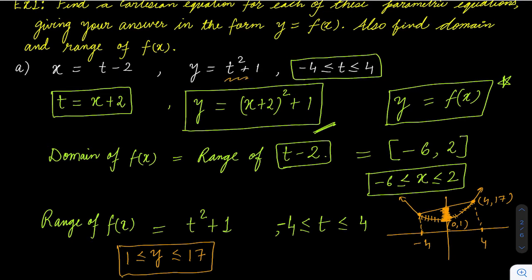So when will this have minimum value? t square plus 1 will be minimum when t square is minimum, right? And the minimum value of t square is 0, right? So minimum value of y will be 0 plus 1, that is 1, as you can see.